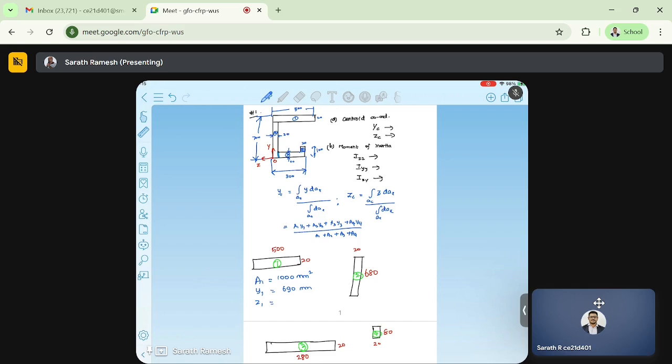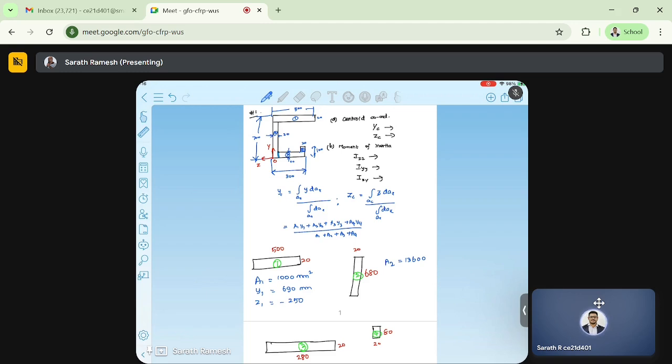Similarly from the origin along the z-axis, Z1 will be minus 250, correct? 500 by 2. Now what is A2? A2 is 680 times 20. 60 times 2 is 120, 8 times 2 is 16, so 13600.